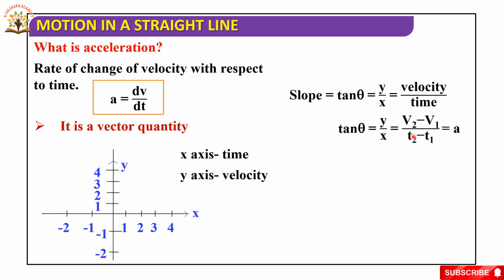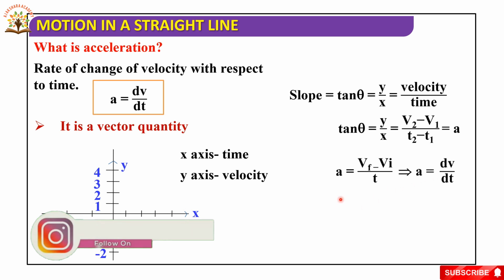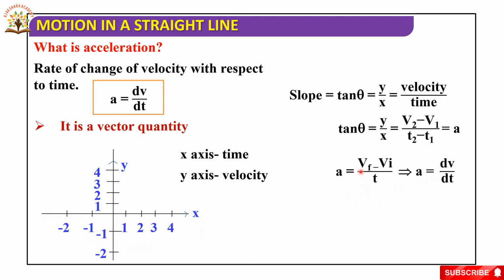So a is equal to v2 minus v1 by t2 minus t1. Okay, next. a is equal to, Vf is the final velocity and Vi is the initial velocity. So change in velocity is final velocity minus initial velocity, by the time taken, t. So a is equal to dv by dt.